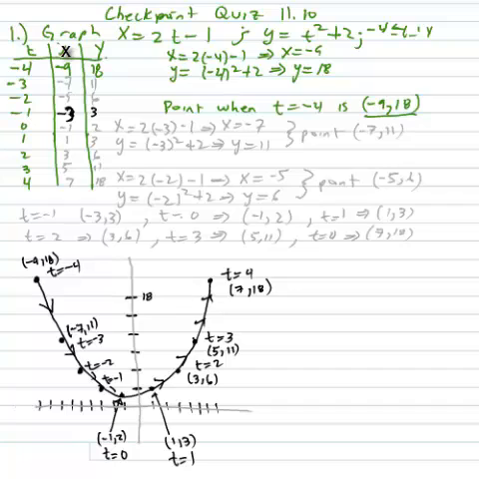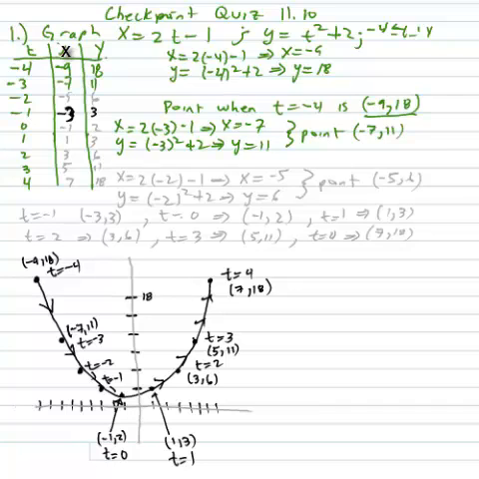Continuing with the next t value at negative 3, we're going to do the same thing. Plug that value into the equation for x, and we have x equals 2 times negative 3 minus 1, which simplifies to negative 7. And the corresponding y value, negative 3 squared plus 2, gives us y equals 11, point (negative 7, 11).